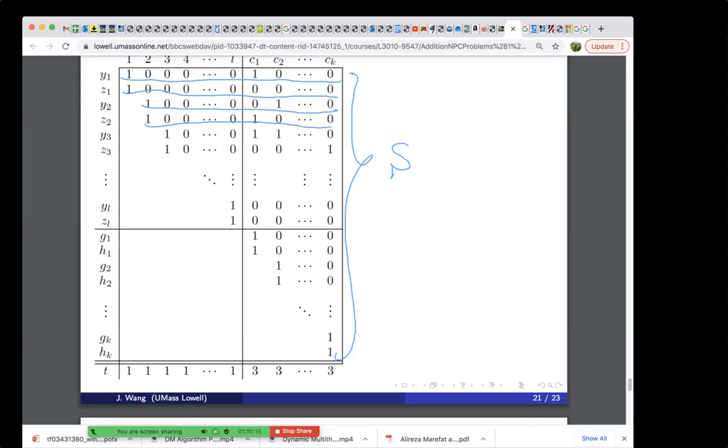And then I'm going to set t to be this number, 1. You have L 1s, and then you have 3 K times. Now this is a decimal number.